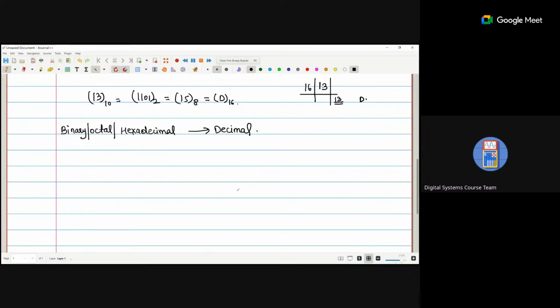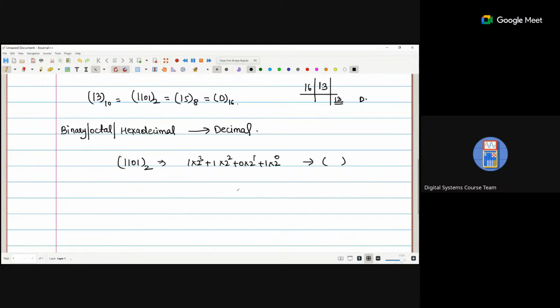In binary, we multiply with the weighted sum, that is, with 2 raised to the power of the weight. So if the number given is 1101, we compute 1 into 2 to the power 3, plus 1 into 2 squared, plus 0 into 2 to the power 1, plus 1 into 2 to the power 0. The weights are 0, 1, 2, 3. This is binary to decimal.